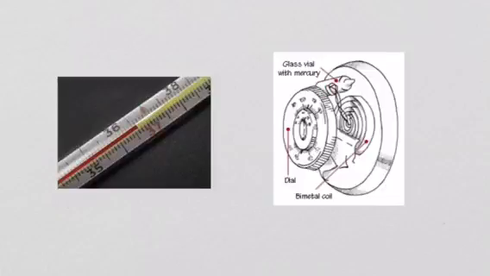And so what would happen is that you would change it, and if it was too cold it would just flip down, and all the mercury would rush down to this side with a sensor, and it would turn on the heater. Well, as it started to heat up, this coil would then expand, and as it expanded, this mercury vial would start to move up this way.